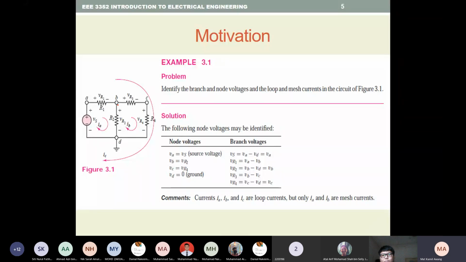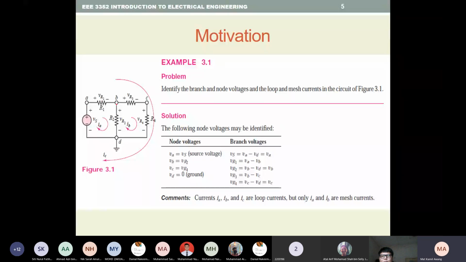So the branch voltages. This Vs is equal to VA minus VD. Remember the voltage is actually the potential difference between 2 points, between 2 nodes. So the voltage Vs is VA minus VD, and VD is 0. Therefore, Vs is equal to VA.